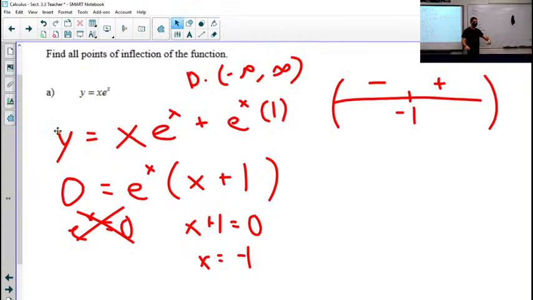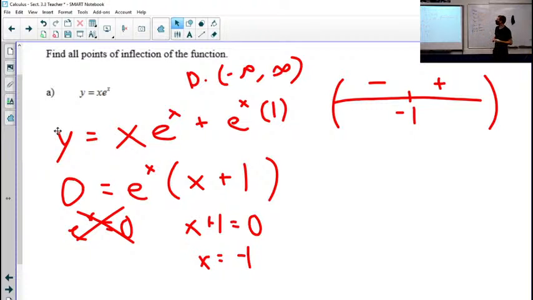Changing from negative to positive, that means we're changing from decreasing to increasing, which means we have a max or min. That's a minimum, if we're changing from going down to going up.